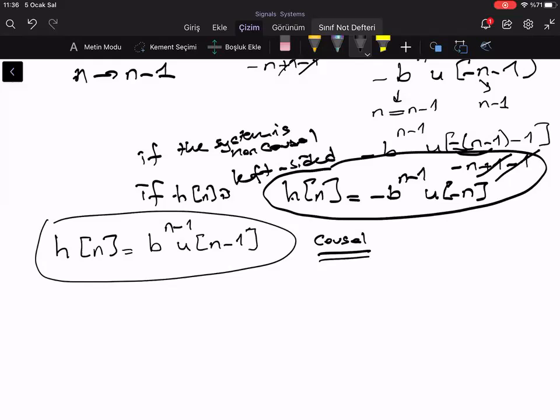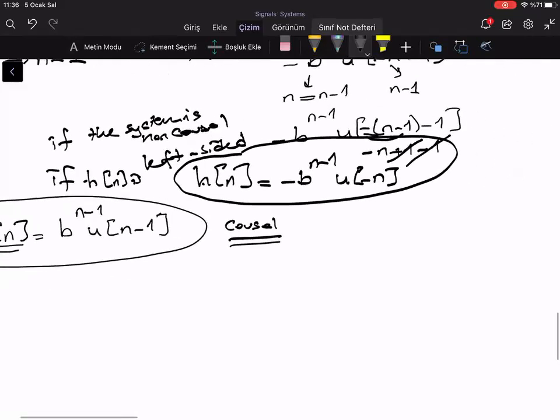For this being arkadaşlar, for causality, actually, there was a mistake in our saying. For stability, there are two things I check.